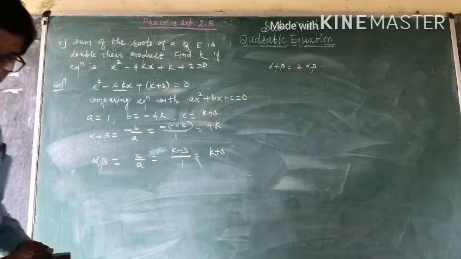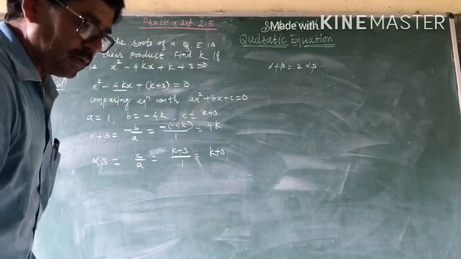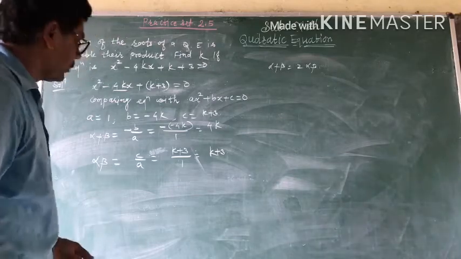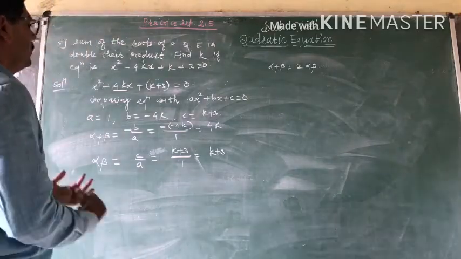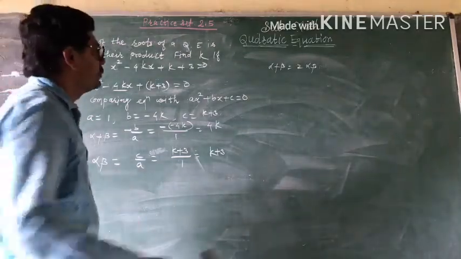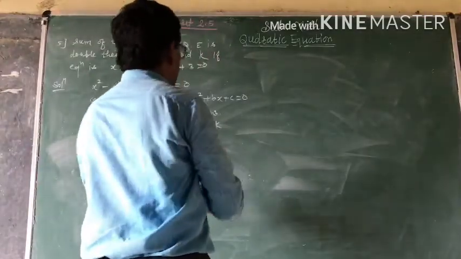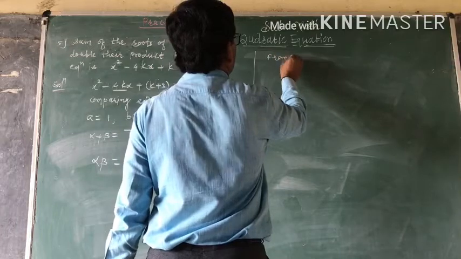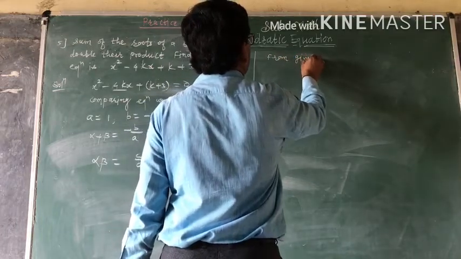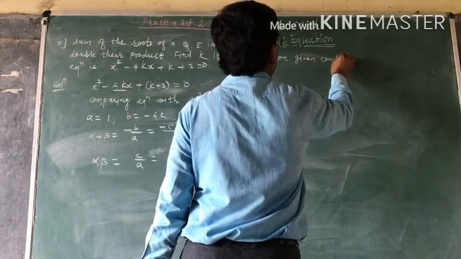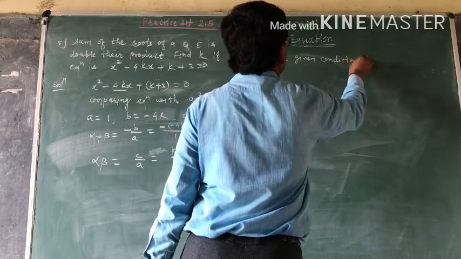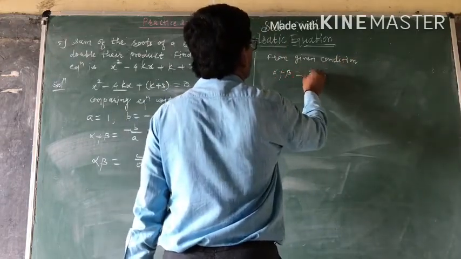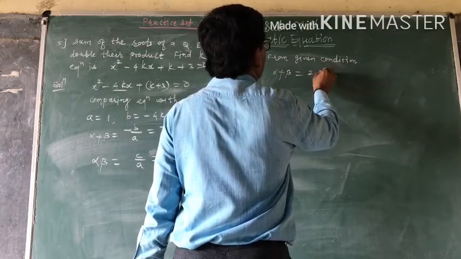Now we have the given condition: the sum of the roots is equal to twice their product.